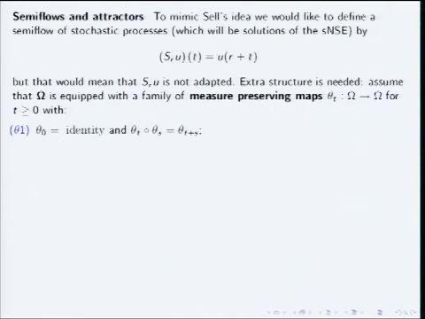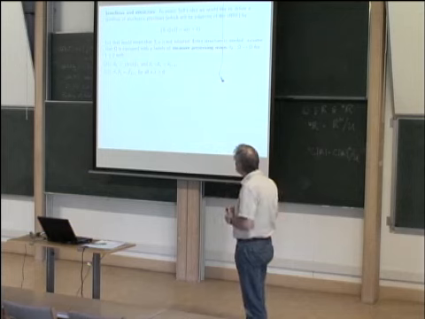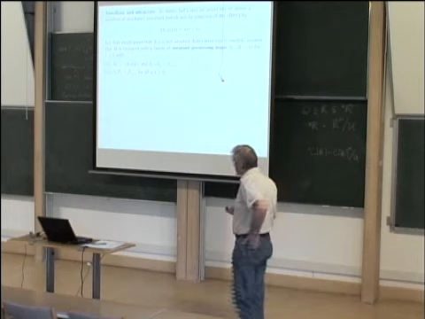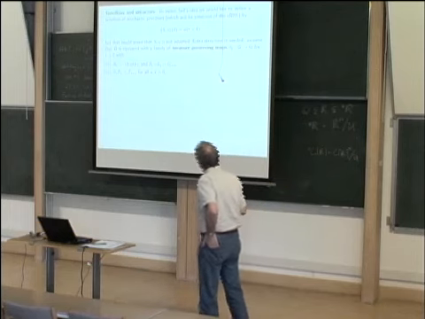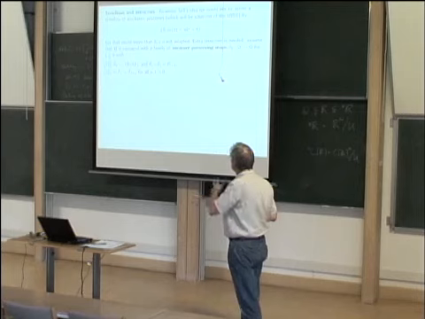The way to do that is to assume that the space is equipped with some measure-preserving maps which have the semigroup property, and this is the important one. The map theta t changes the sigma algebra F_s in the filtration to F_{t+s}.